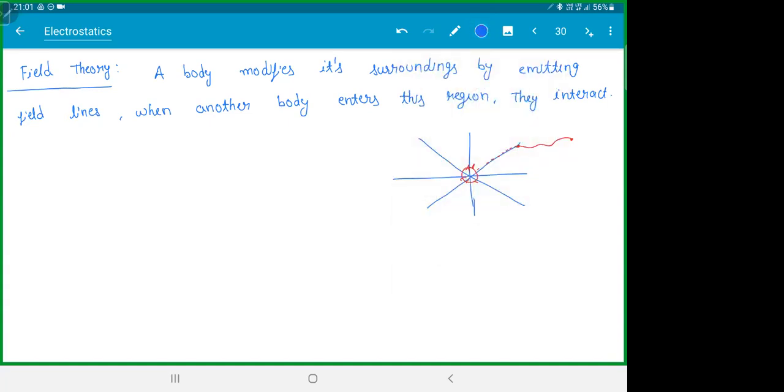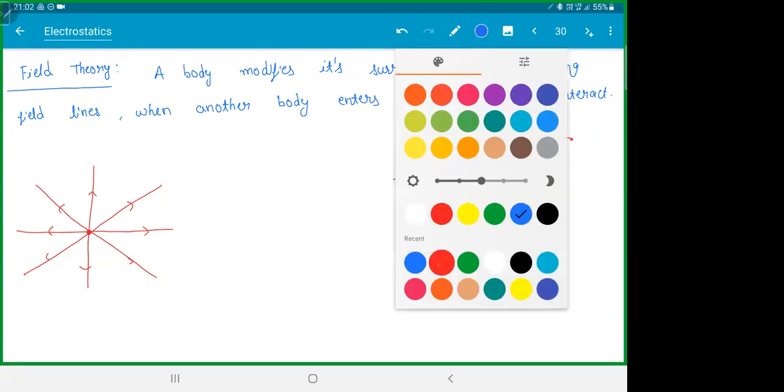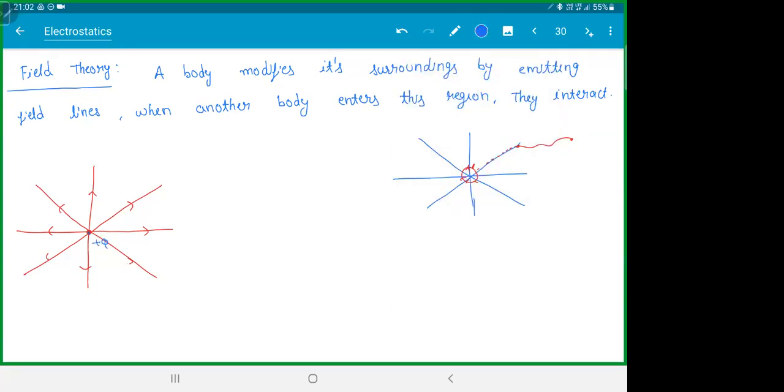The idea is the same. We have a charge Q, which is emitting something called field lines. Like I said, completely hypothetical. Whenever someone enters this region, that is how the charge Q knows there is someone there. Positive charges emit field lines, and the field lines converge at the negative charges.